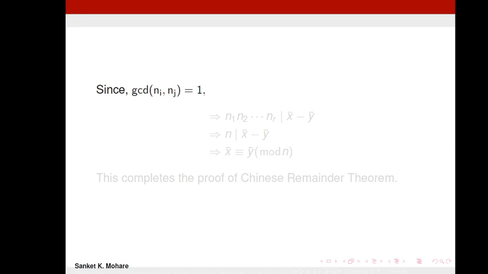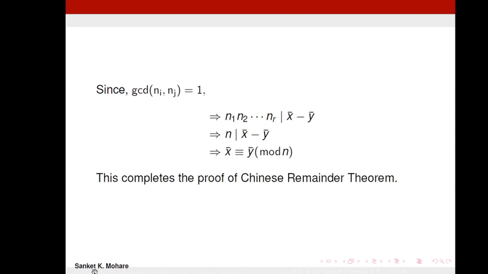Similarly, if we proceed in this manner, we obtain the product n_1 n_2 and so on up to n_r should divide x bar minus y bar, and this product we denoted already. This product is equal to the value of n. So this implies n should divide x bar minus y bar. So as n divides this difference, this implies x bar is congruent to y bar modulo n, hence x bar is equal to y bar, which completes the proof of the Chinese remainder theorem.